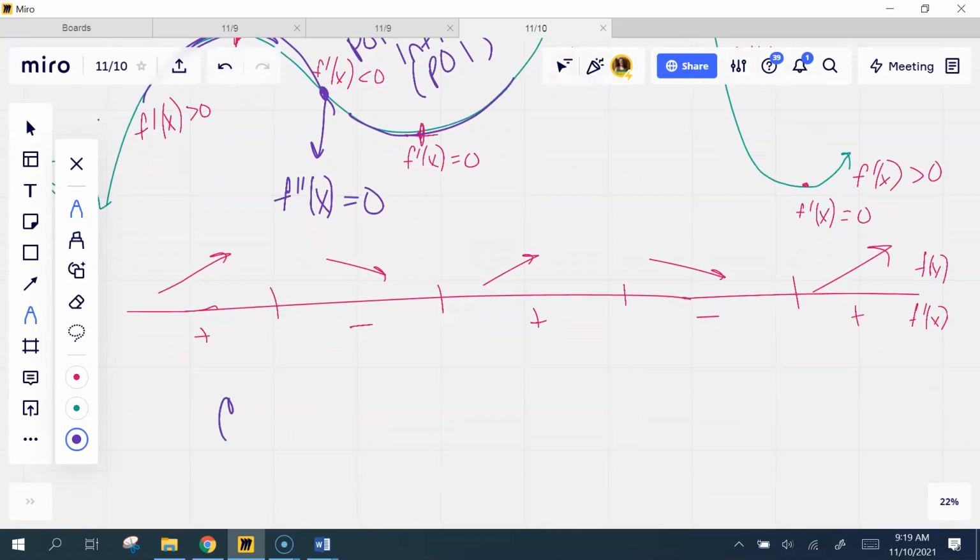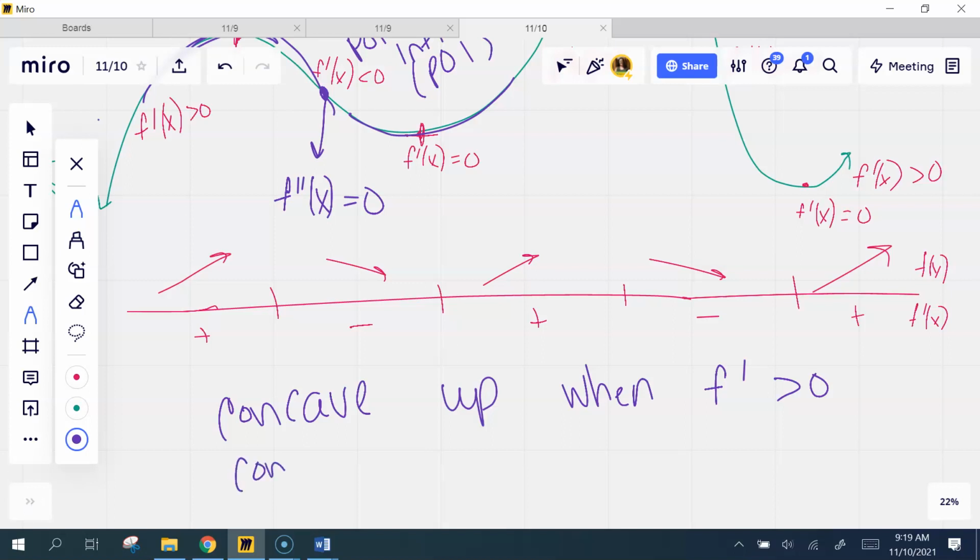We are concave up when the first derivative is positive, and we are concave down when the first derivative is negative.